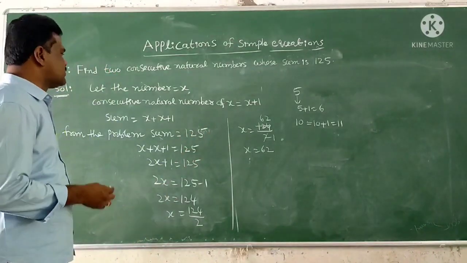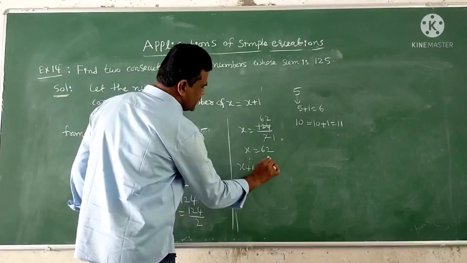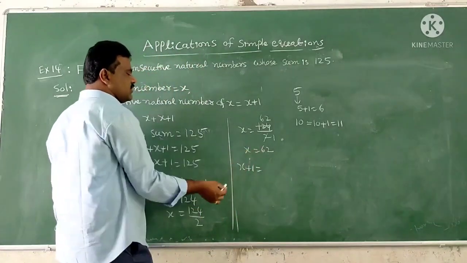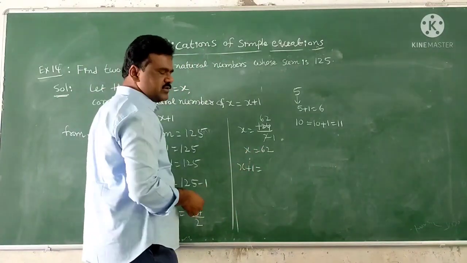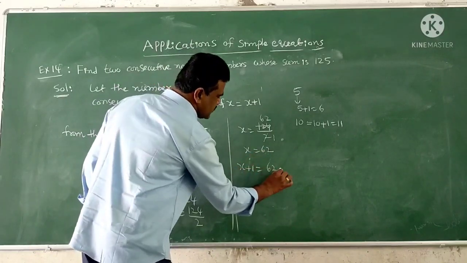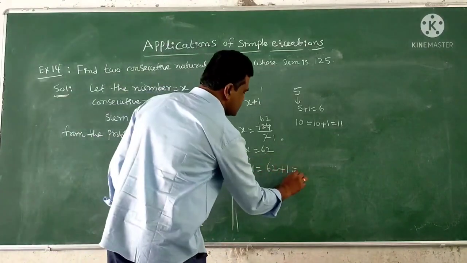Next, consecutive number of x means x plus 1. Substitute 62 instead of x: 62 plus 1 is equal to 63.